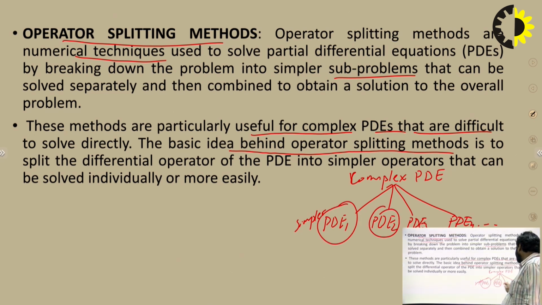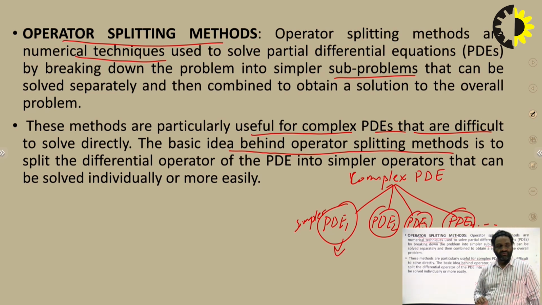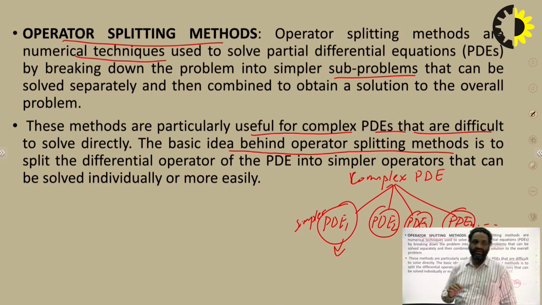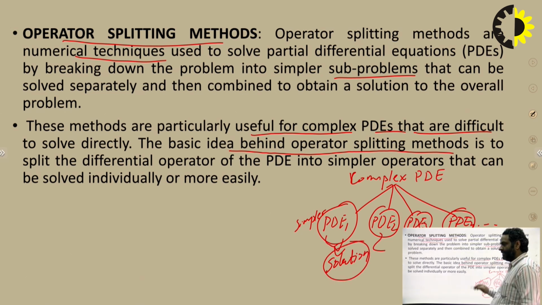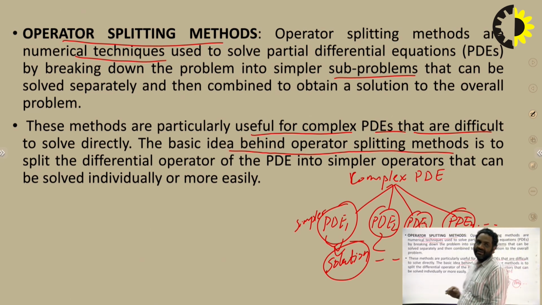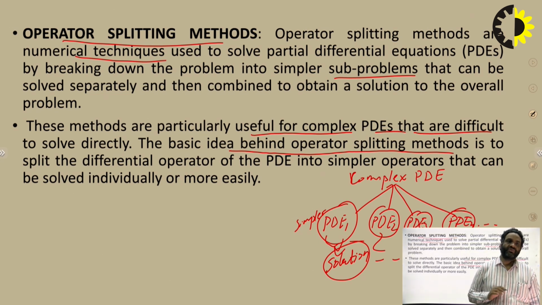After that, we solve these. As these are very simple, we can solve them in a very easy manner. After getting the solution of the first one, then the second one, then the nth one, we merge these solutions to make the overall solution of the given complex partial differential equation.